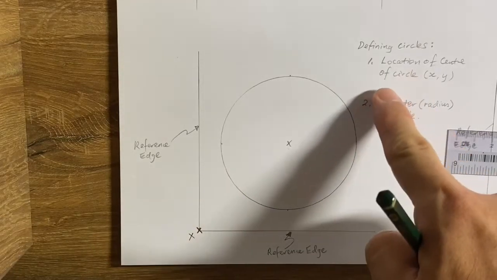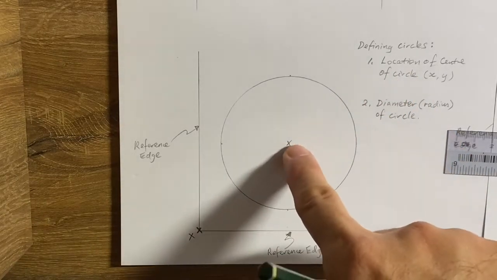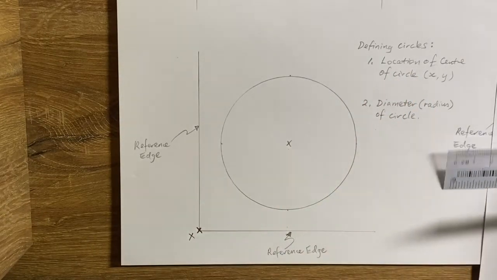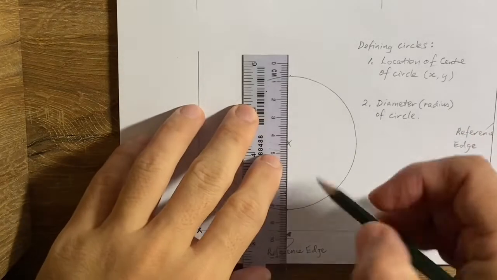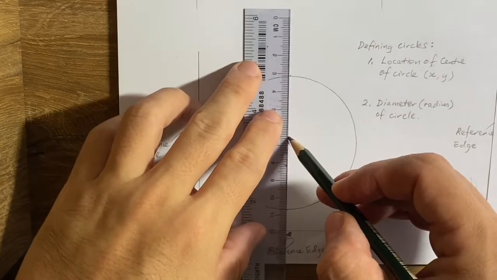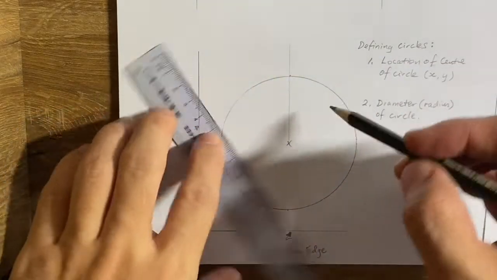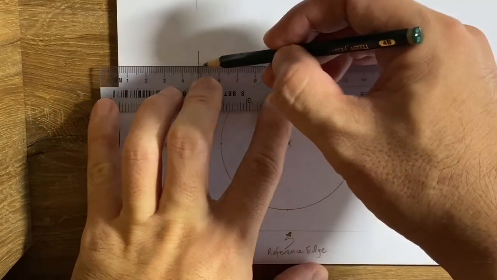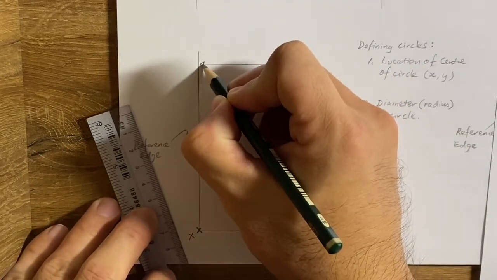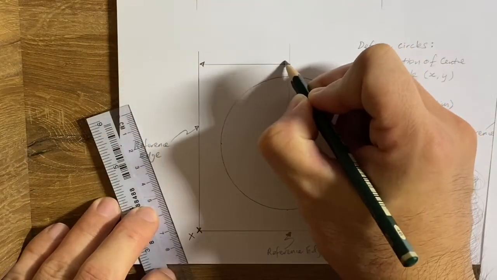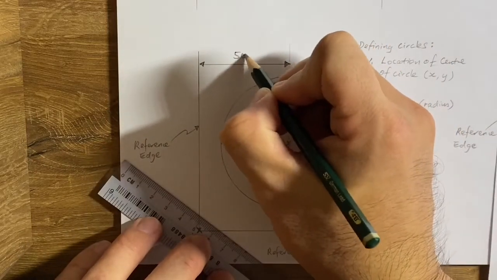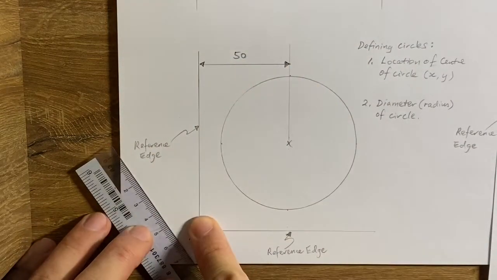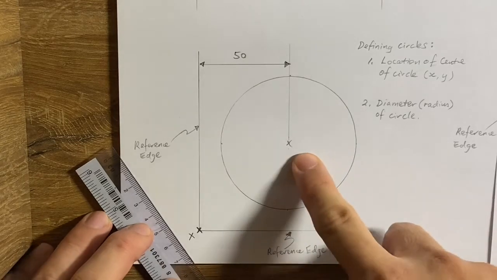First, let me define the location of the center point. Just like the previous exercise, basically we will be looking at the horizontal as well as the vertical distance from the reference edges. So horizontally, the center point is 50 mm from the vertical reference edge.